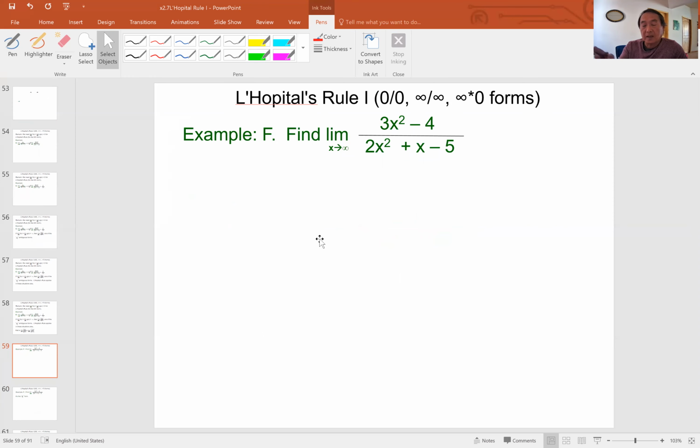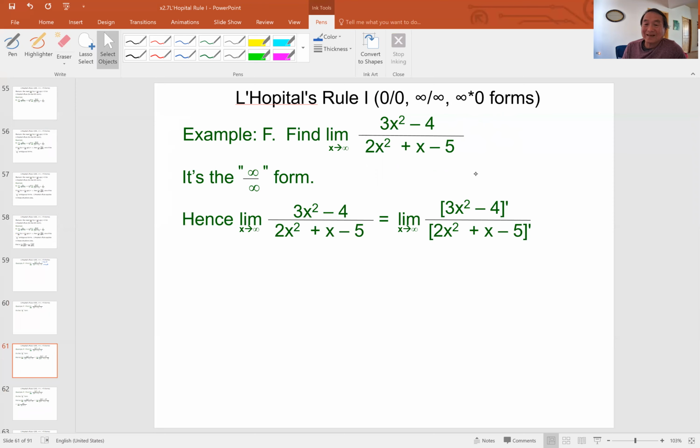So for example, if I plug in infinity, the top is squared and gets bigger and bigger, and the bottom gets bigger and bigger, it's also squared. So L'Hopital's rule says I can use the surrogate, the derivatives. I take the derivative of top and bottom and get linear functions, and if I plug in again, it's infinity over infinity.